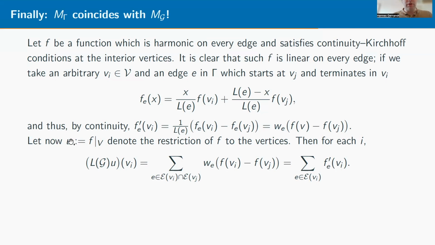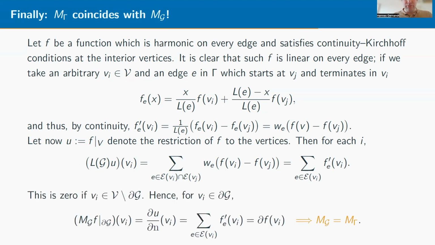If you consider these u's which arise from the restriction of this function f on the metric graph, then I recover this formula. So the Laplacian applied to this is just the sum of the derivatives here, and it's also 0 on the interior vertices. And this was just the definition of the Dirichlet-to-Neumann map for the discrete graph. So in fact, by using this construction, we see that both Dirichlet-to-Neumann maps or matrices coincide.